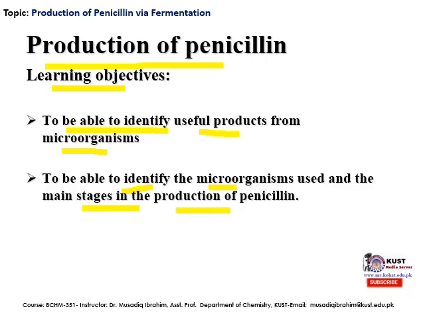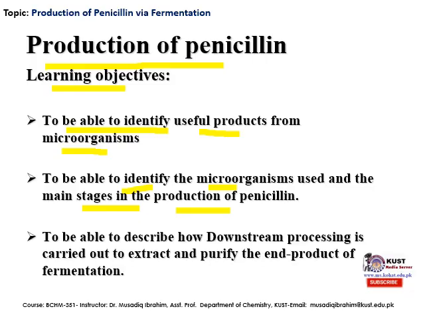So that is also very important, that what steps need to be taken when the production of penicillin is carried out. And obviously here we will be talking about the production of penicillin through fermentation, and also to be able to describe how downstream processing is carried out to extract and purify the end product of fermentation.